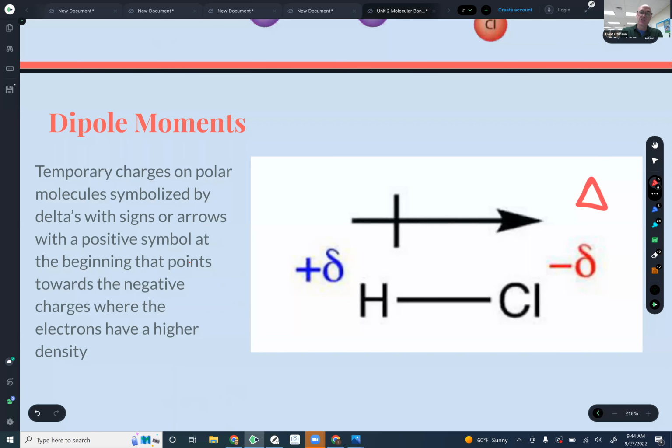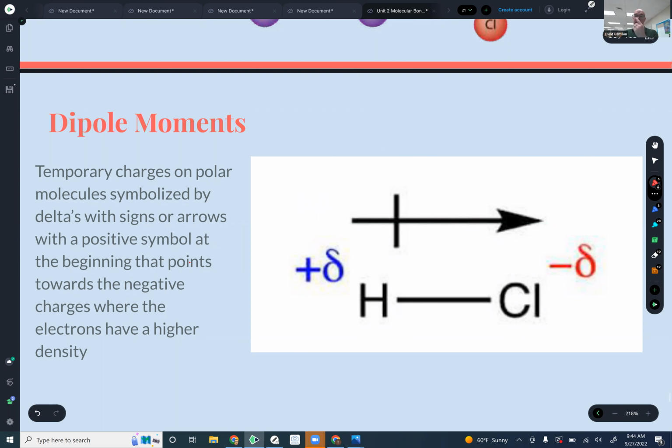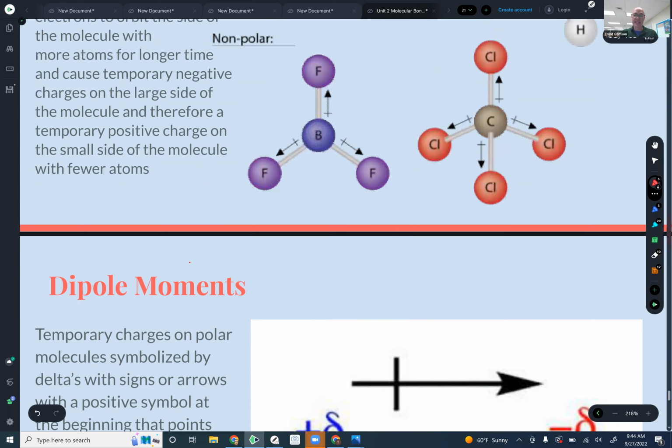It's just like in your math classes, whenever we did the formula for slope, it was delta y over delta x equals slope. Well, we're just using a lowercase delta in these cases to represent the difference in the electron sharing. And these are called dipole moments, either with the arrow pointing towards the negative with a positive symbol on the other side, or with the squiggly Ds.